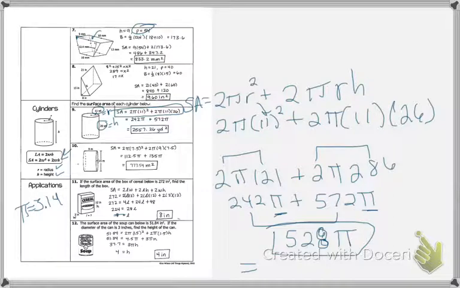I'm okay with you using it. Your answers will differ a little bit, but I'm only requiring you to use 3.14 for those of you that are going to ask me that question. So I would treat this like this: 528 times 3.14. The answer I'm going to get is 1657.92.